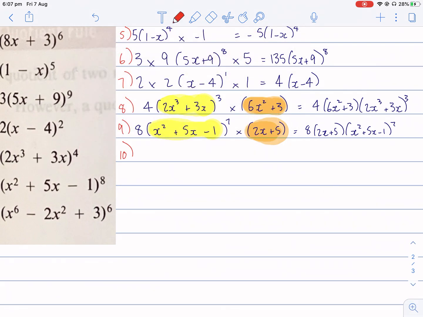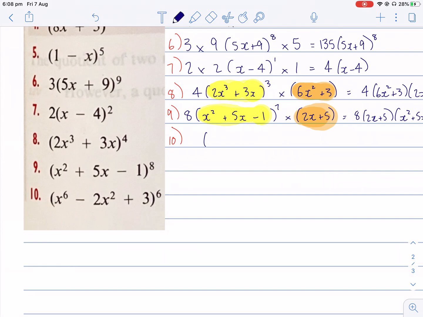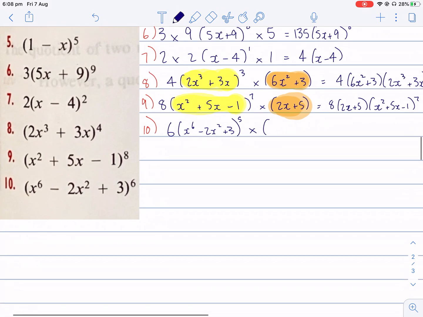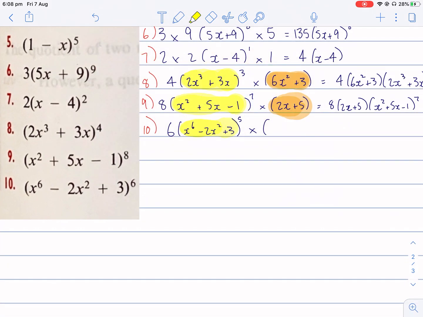Question 10. Okay, we've got something to the 6, which means we've got x to the 6 take 2x squared plus 3, 6 lots of that to the 5. We've then got to multiply by the derivative of the inside of that. So that x to the 6 becomes 6x to the 5.